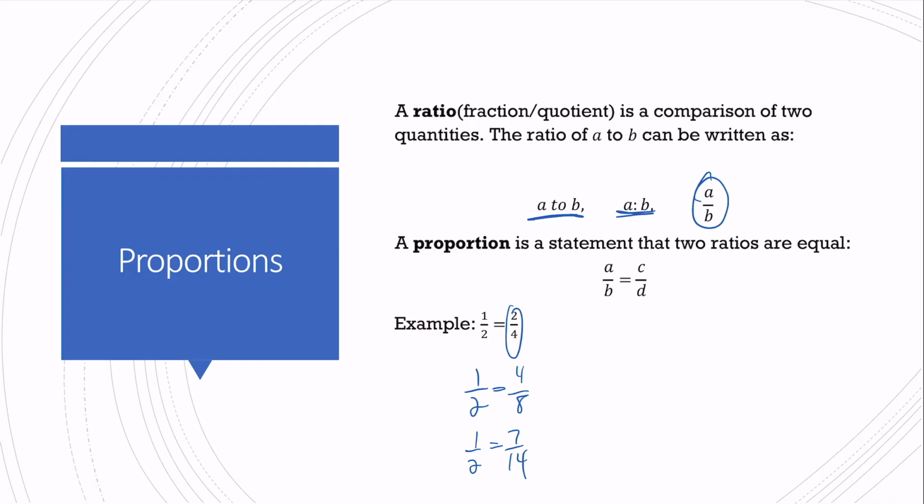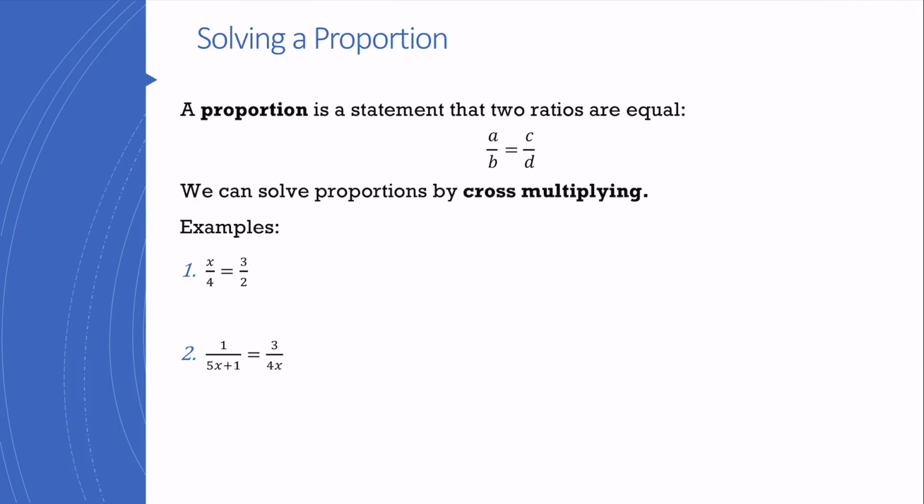And the way that we can solve proportions is by cross multiplying. So if I have a proportion with an unknown, like our first example here, such as x over 4 equals 3 over 2, I want to figure out what value of x makes this a true statement. Now, if you sit and look at it just for a few seconds, you might be able to figure out, oh yeah, that's what x would need to be for both of these to be the same.